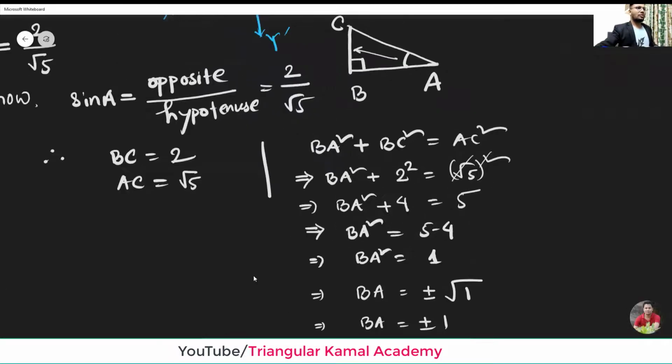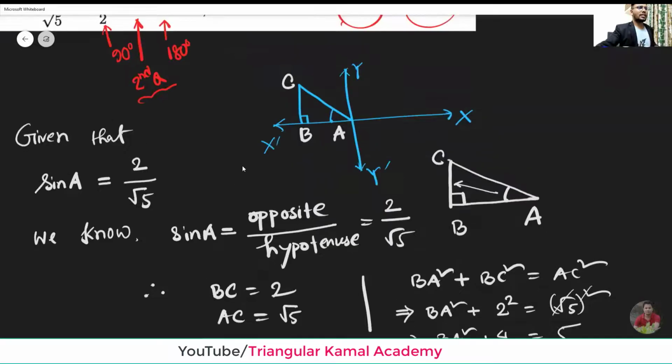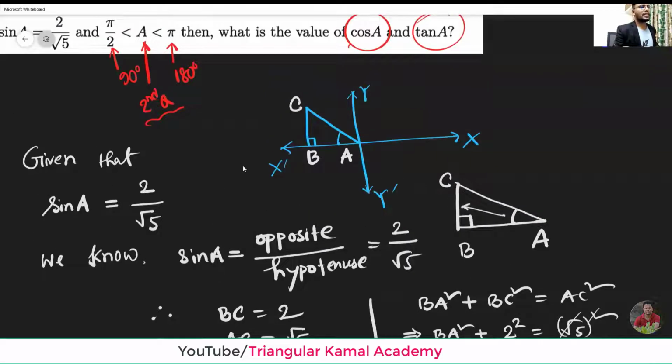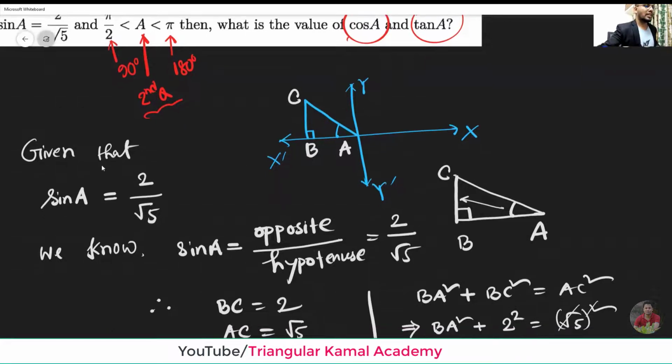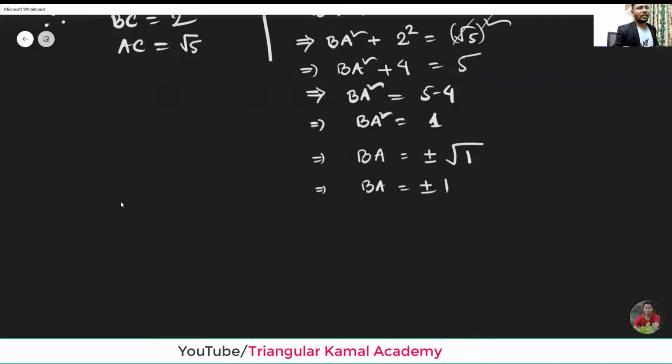Now from the figure we see BA in the second quadrant, which is the negative side of the x-axis. In the second quadrant BA, that means this one will be negative. Here in the second quadrant, BA or AB is negative.